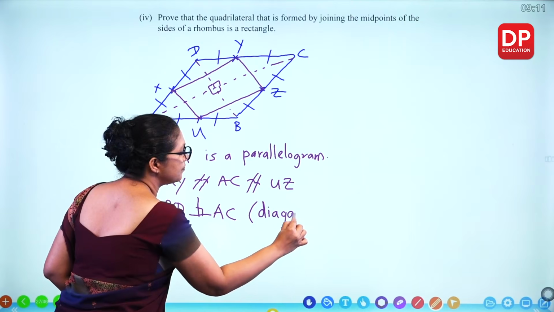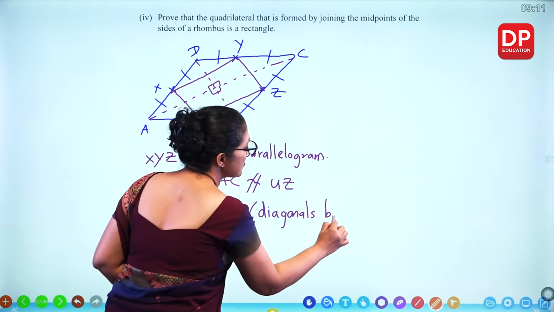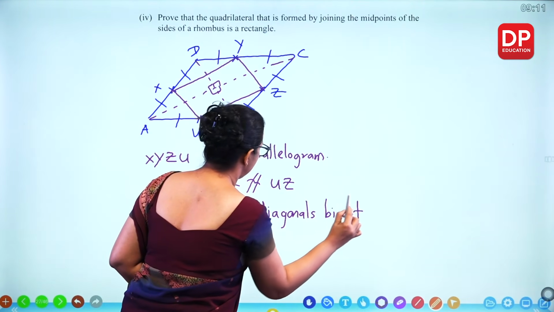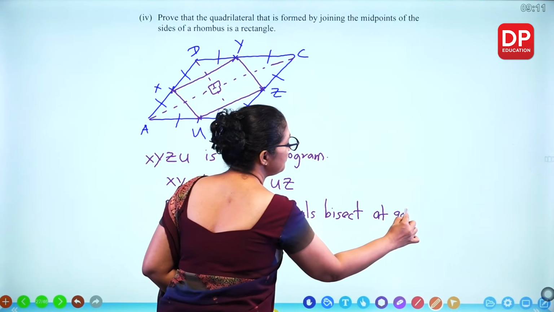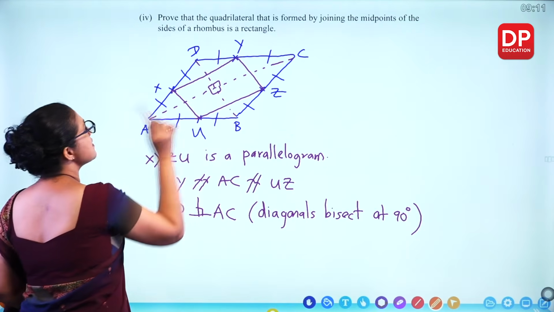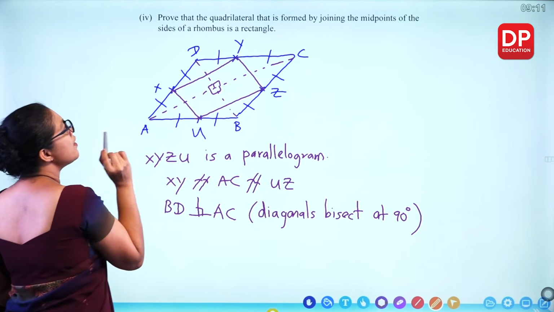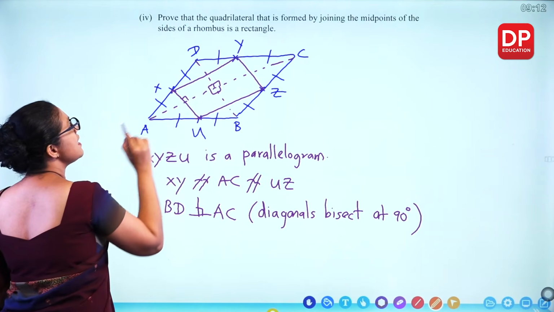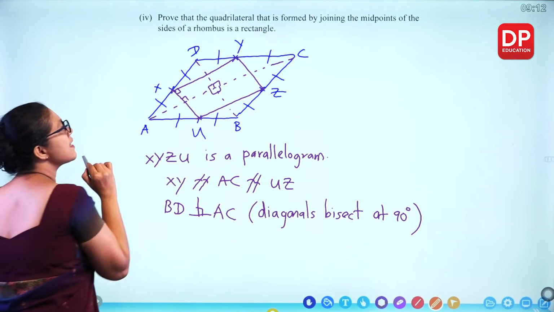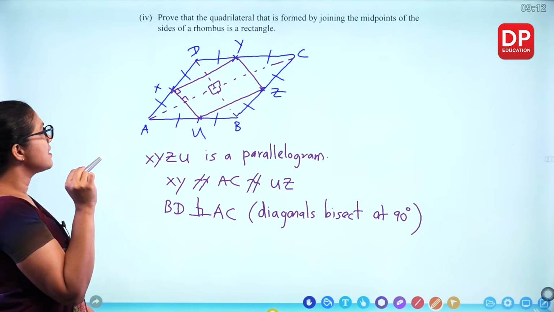Diagonals bisect at 90 degrees. So this is 90 means according to corresponding angles, this is 90, this is 90, and allied angles again, this is 90.